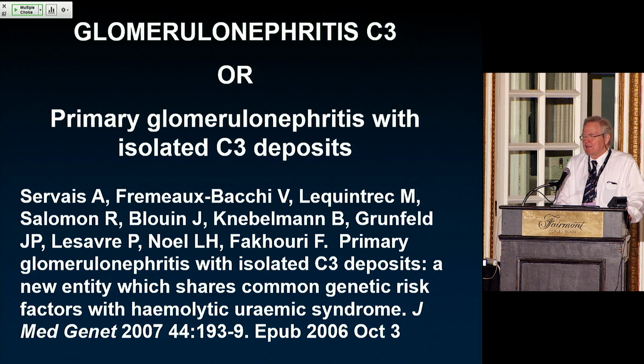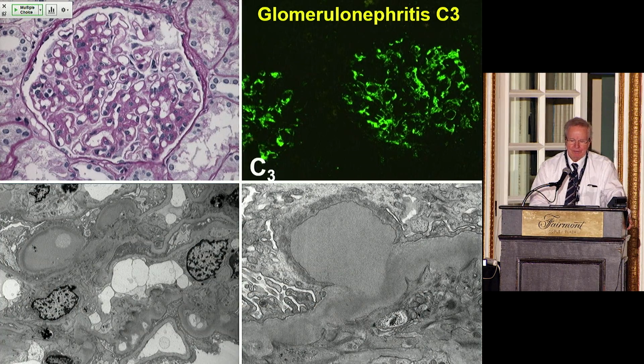We knew it as idiopathic MPGN type 3. Obviously, dense deposit disease was at the time called idiopathic MPGN type 2. So we knew about the unique morphology of these diseases, but we had not connected them to the abnormal pathophysiology, namely the alternative complement pathway.